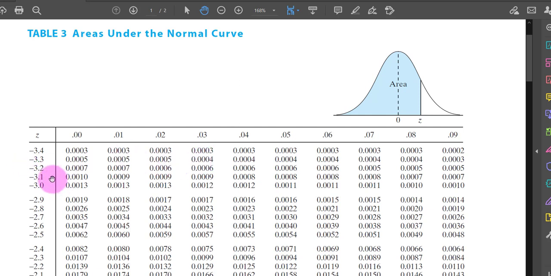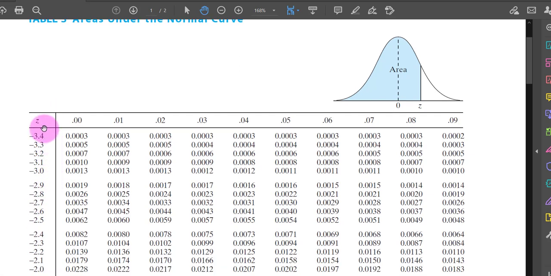Basically what we've got here are Z values on the left, and there's some precision about them along the columns, and we'll talk about that. But basically the way this table works is you input a Z value, and these numbers up in the table are probabilities to the left of those values, to the left.